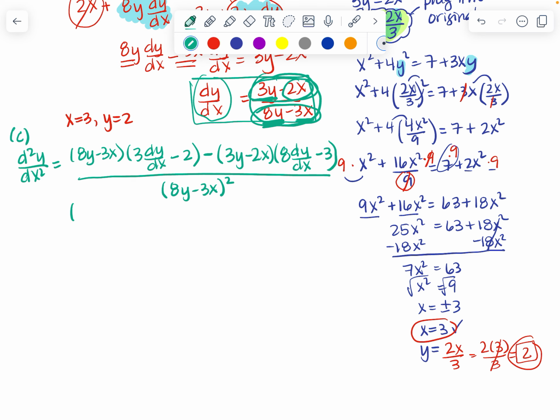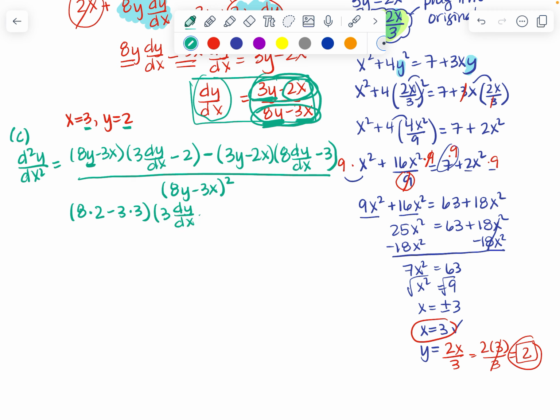Ready? This is 8 times y, which is 2. So that's 8 times 2. Minus 3 times x is 3. And then times 3, I'm going to deal with that dy dx in a minute.